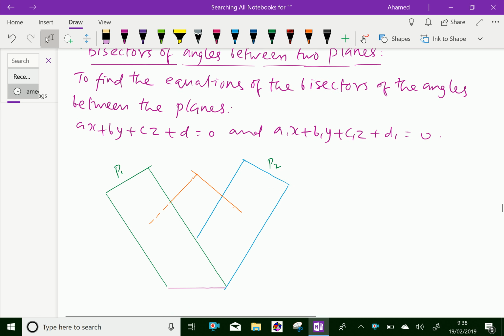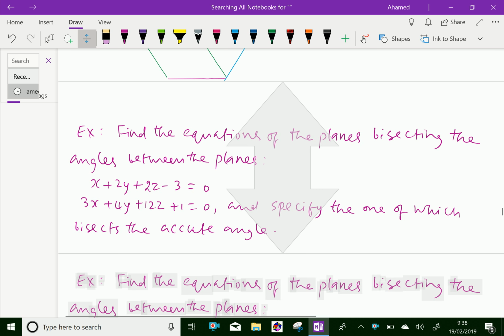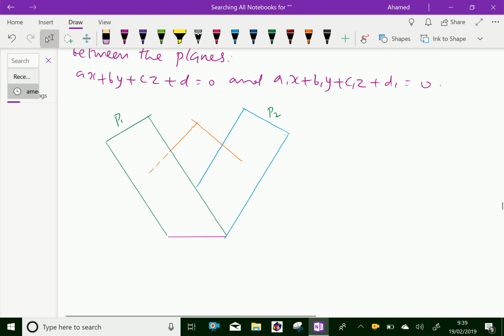Now, if the point x comma y comma z be any point on one of the planes bisecting the angles between the planes, then the perpendiculars from this point to the two planes must be equal.